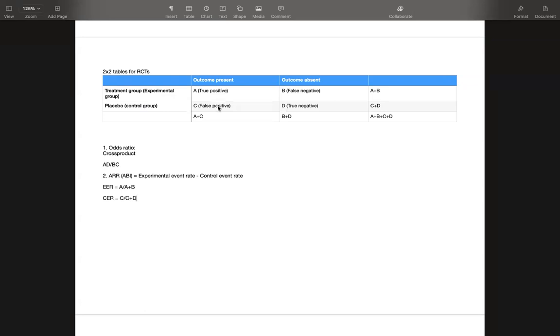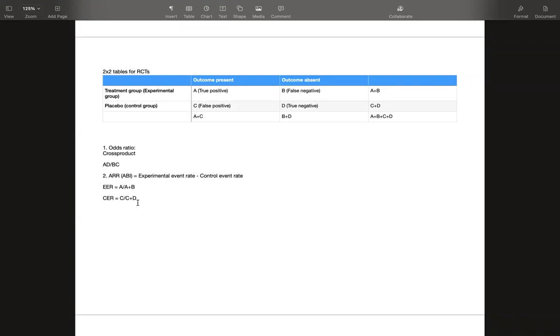And now we are seeing the number of outcomes, out of these. So this is basically EER. What is EER? Experimental event rate. That means out of A plus B, which is the experimental group, in how many patients does the event occur? A. And in how many control patients did the event occur? In C patients. Okay, so EER is A by A plus B, and CER is C by C plus D.